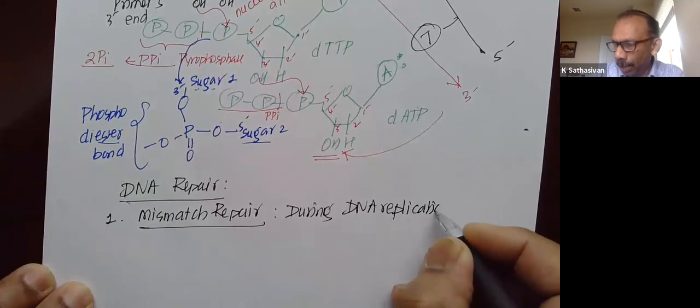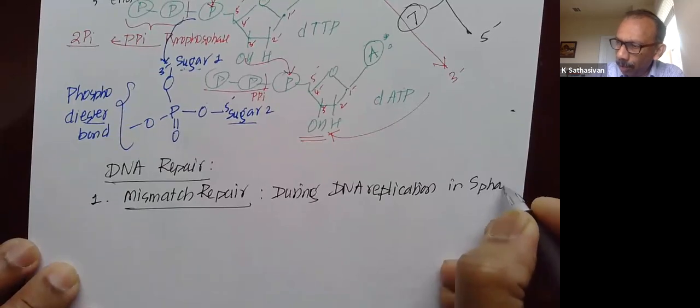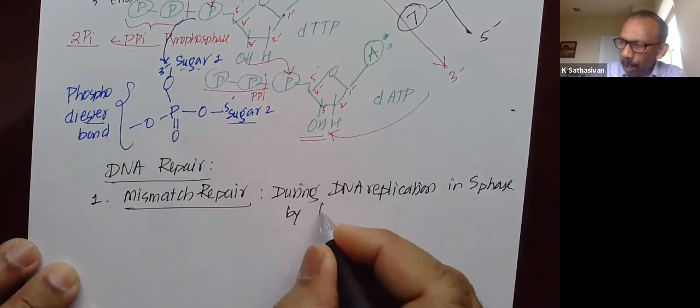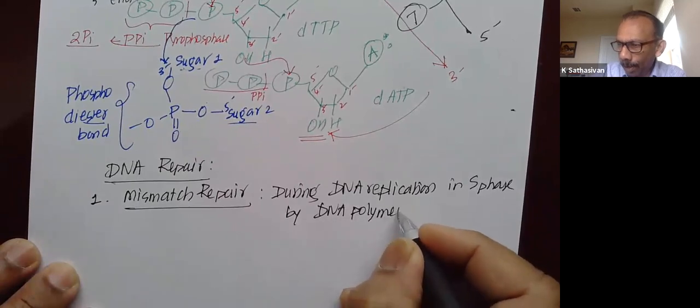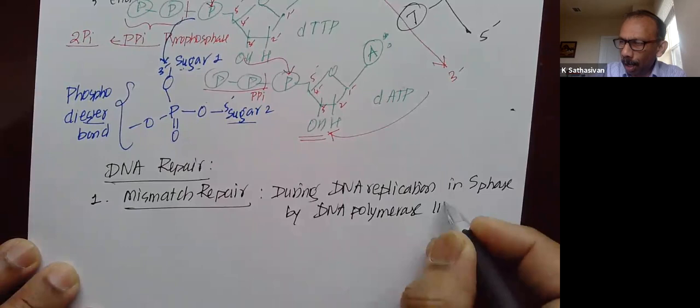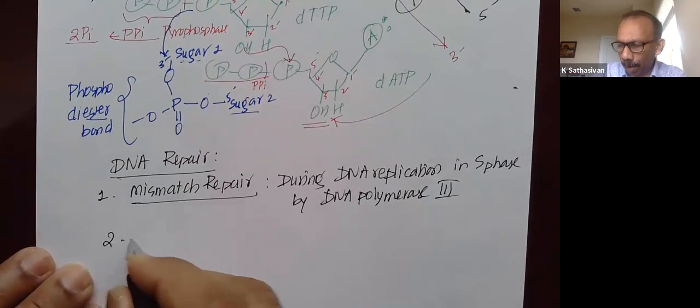So DNA replication happens in the S phase, the DNA synthesis phase, and this is done by DNA polymerase 3, that has the synthesis ability, proofreading ability, and repair ability.